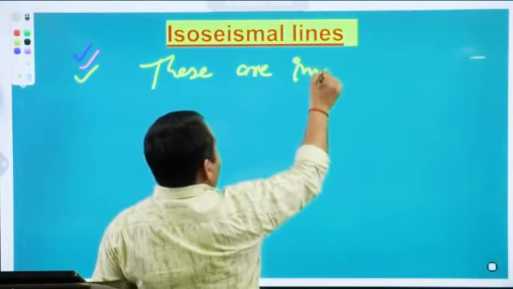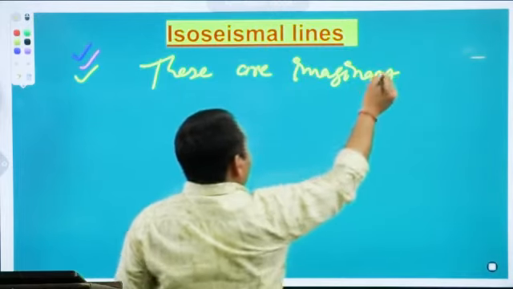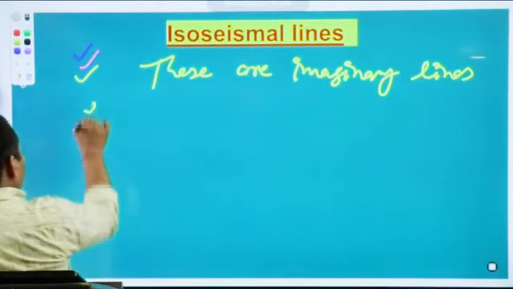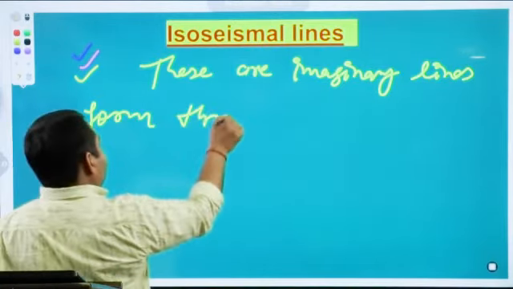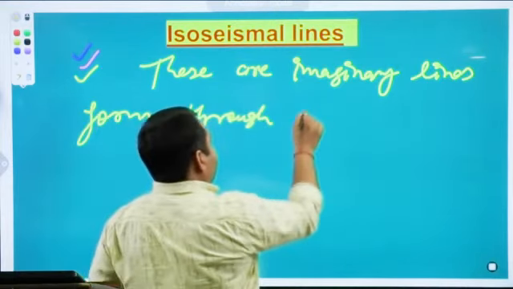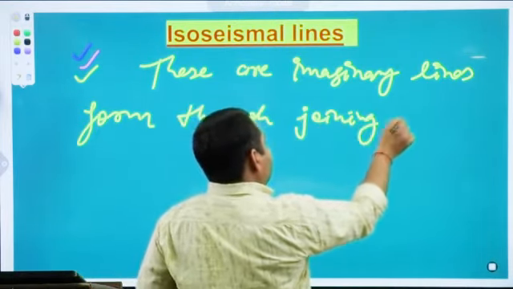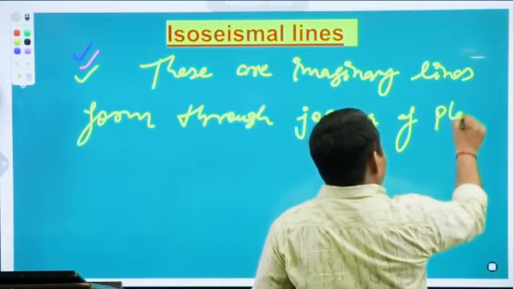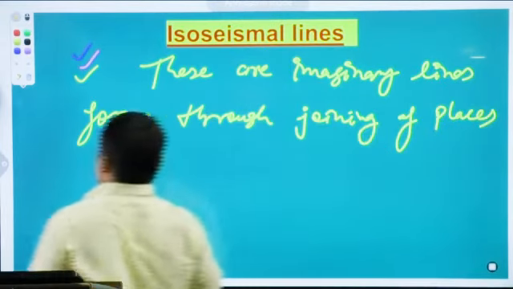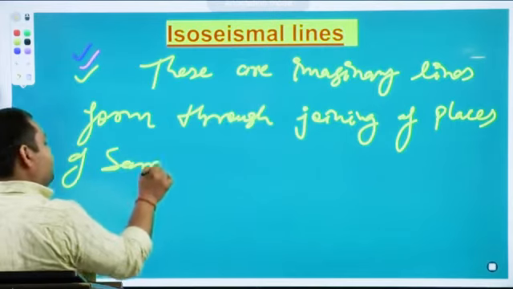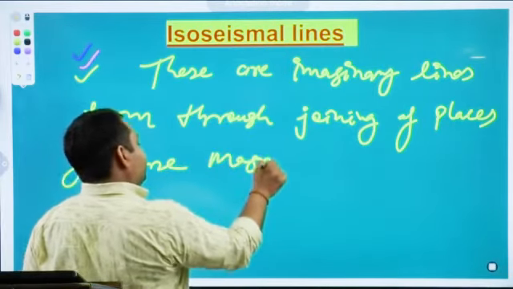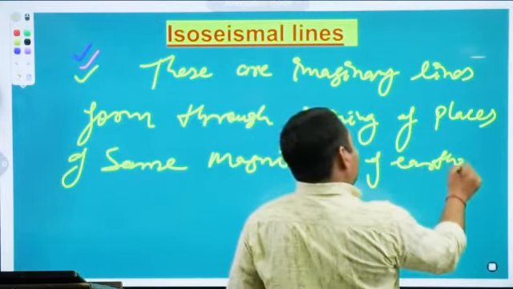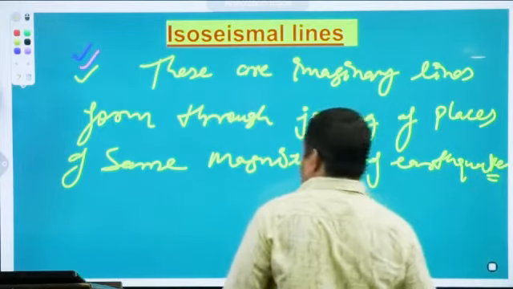These are imaginary lines formed through joining of places of same magnitude of earthquake, right?